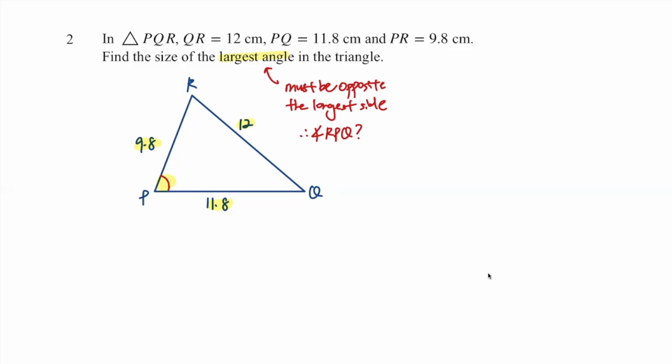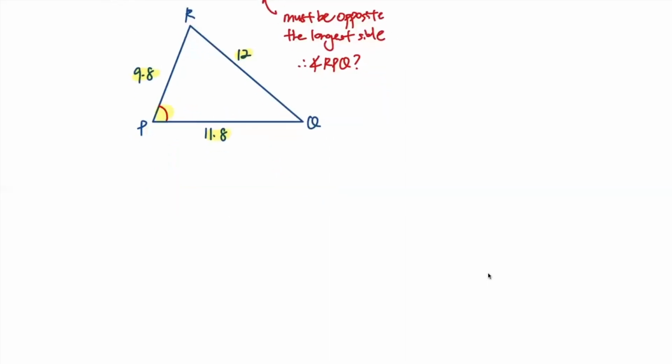That is the hint for you that you need to use cosine rule. 3 sides, 1 angle. That's when to use it. Secondly, how to use it? I'm going to use the formula list formula: A square equals B square plus C square minus 2bc cos A.